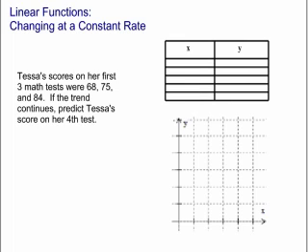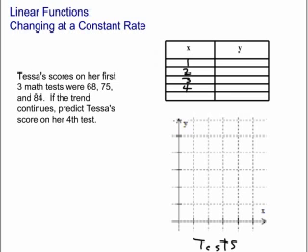So here's an application of a linear function, and this is to show you that in the real world, things are not always exactly linear, but you have situations where things are nearly linear. So we've got Tessa taking a math test here, and she's going to take 4 tests total.